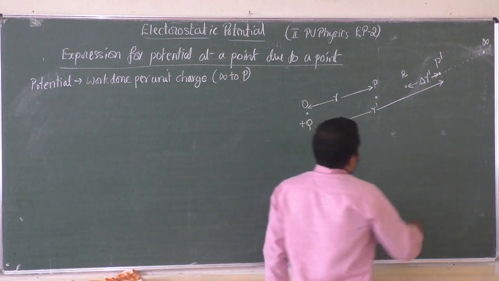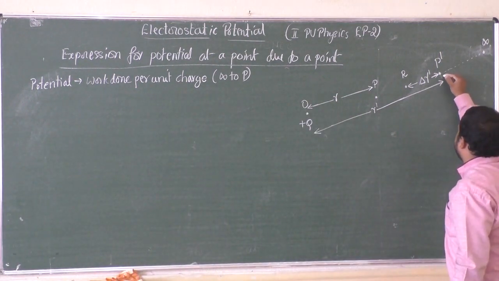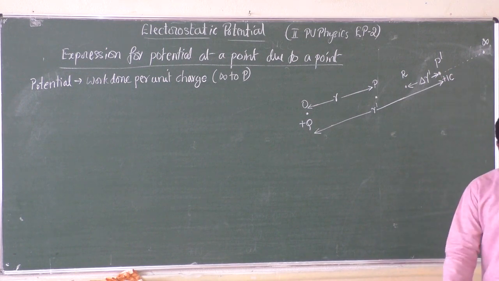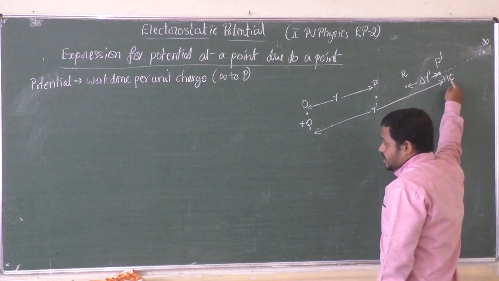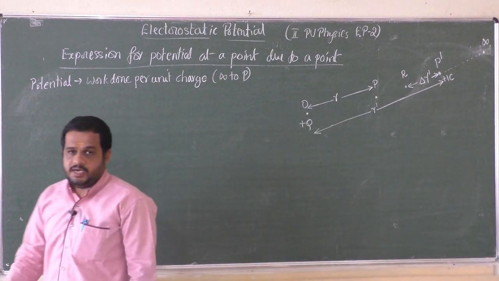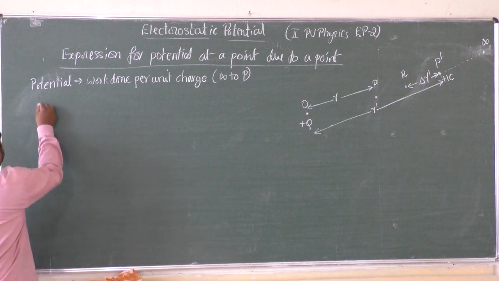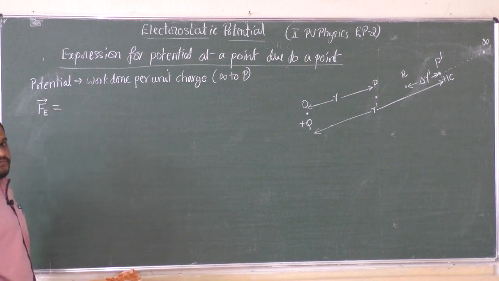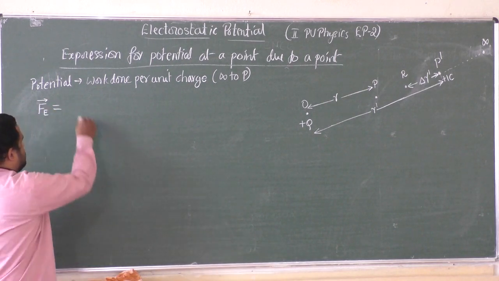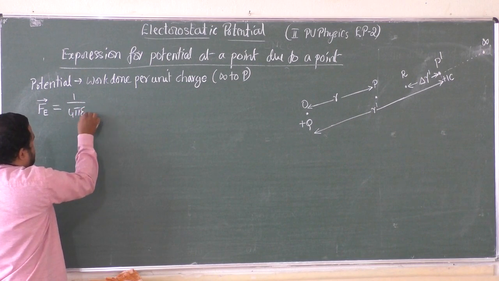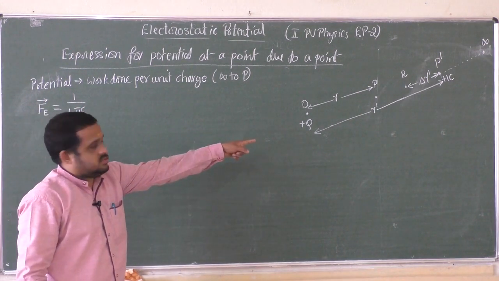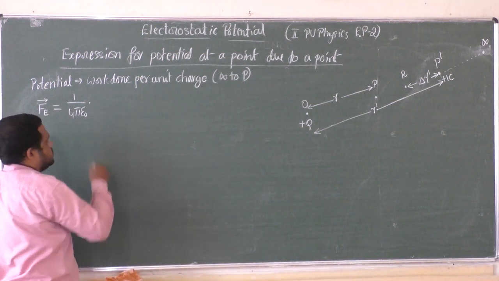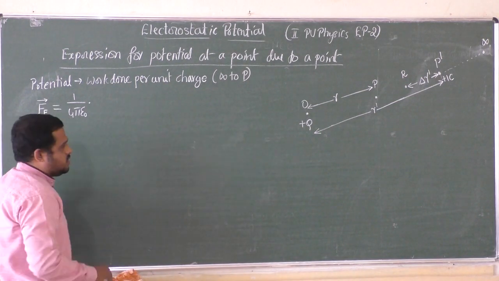Now imagine a unit positive charge is at P dash. When the unit positive charge is at P dash, it will experience an electrostatic force which is given, using Coulomb's law, by Fe is equal to 1 over 4 pi epsilon naught. We consider the case of charges placed in air, therefore 1 over 4 pi epsilon naught into Q1 Q2 divided by R square is the formula.